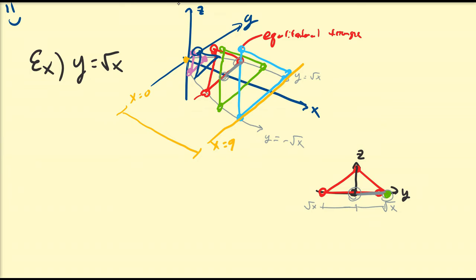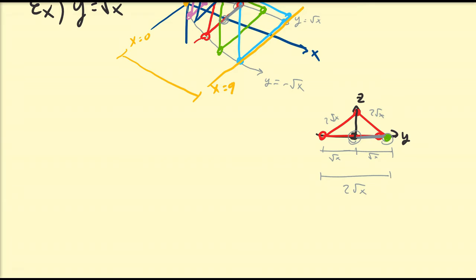So the total distance here is 2 square roots of x. We're assuming this is an equilateral triangle, so each of these side lengths is also 2 square roots of x, but that part is not actually necessary. What I want to do is find the area of this triangle. The area is equal to 1/2 the base times the height.